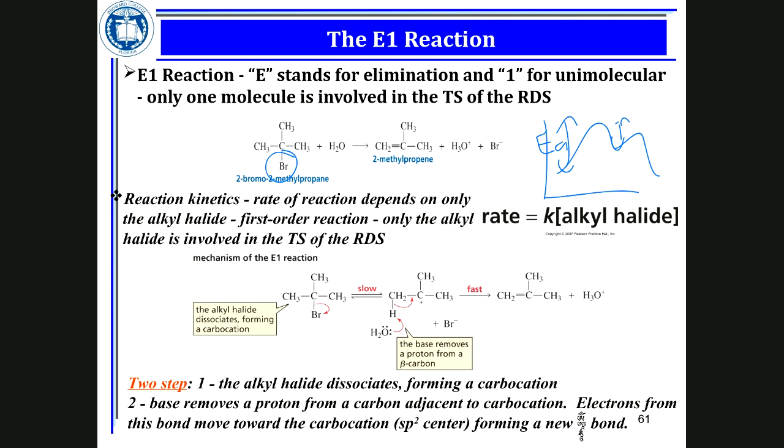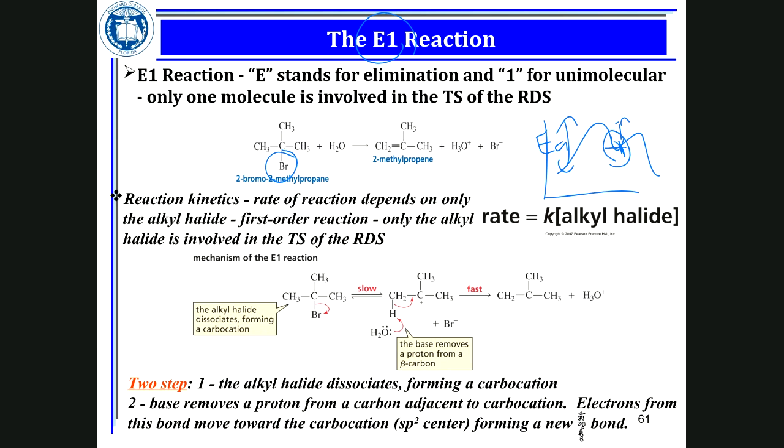Yes or no? For E1 mechanism, we have intermediate. And if we do have intermediate, what type of intermediate is there? It's a carbocation, right? It's a carbocation intermediate. So which one would form more stable intermediate, a secondary or tertiary?